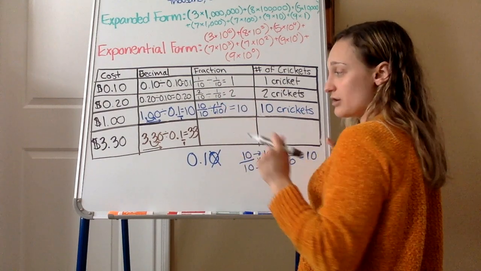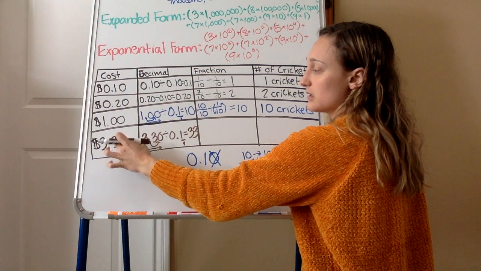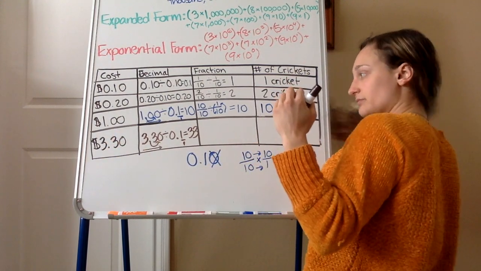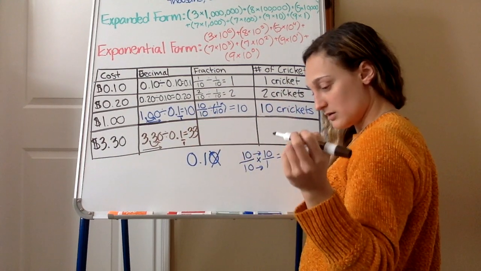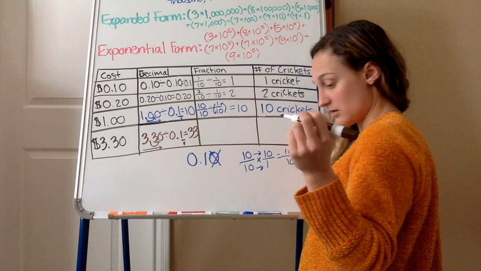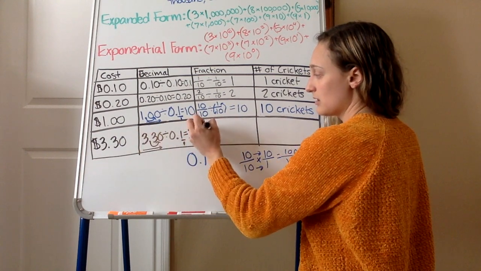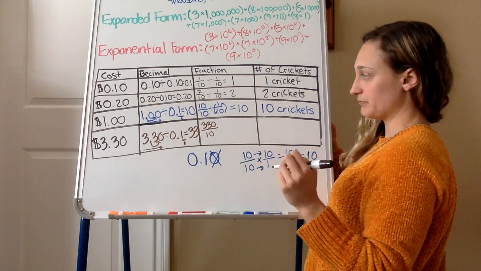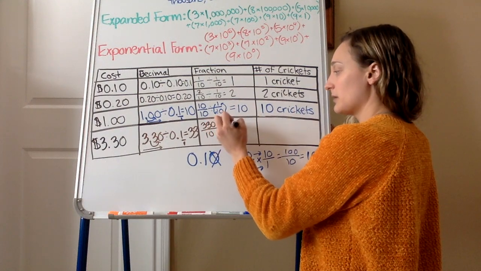Again, I can show you how this works. This time I'm actually just going to take the decimal out and write 330 over 10. Then I'm going to divide by 1/10.